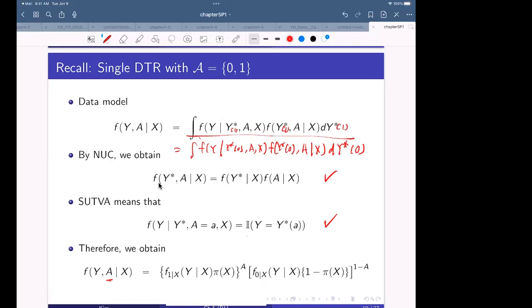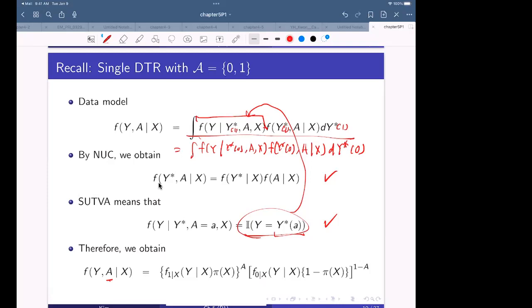Then if you plug in this guy to here and compute the integration over y star equal to 1, all you have to do is replace y star by y, and then you factorize.